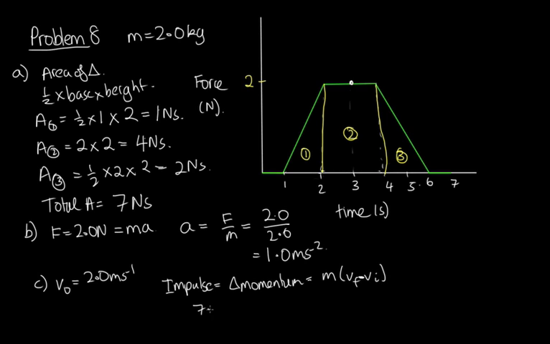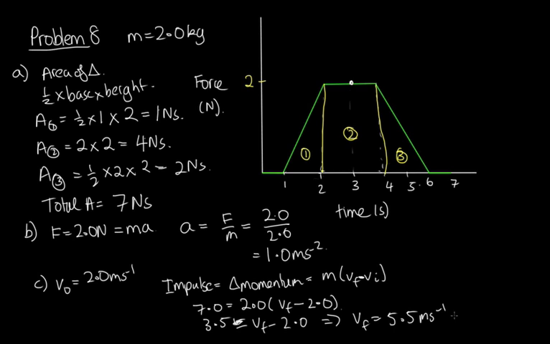And so we've got 7.0 is equal to the mass, which is 2, times the final velocity, which we're trying to find, minus the initial velocity, which is 2.0. And so 7 divided by 2, that's 3.5, is equal to the final velocity minus the initial velocity. And so this tells us that the final velocity is equal to 3.5 plus 2, which is 5.5 meters per second northwards.